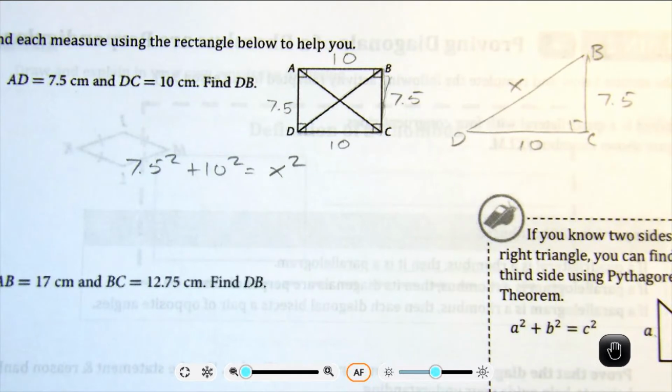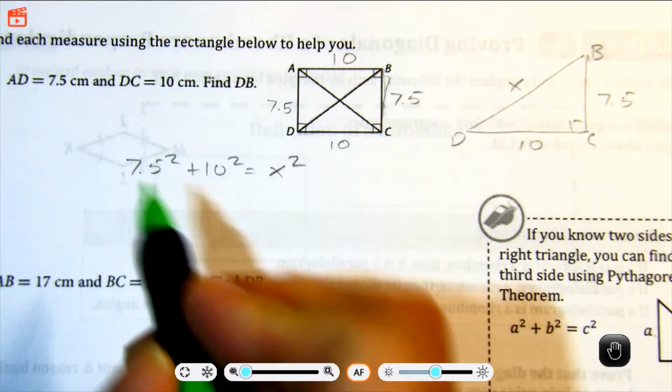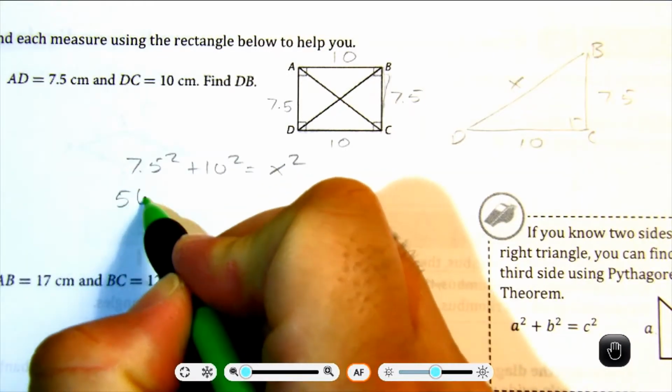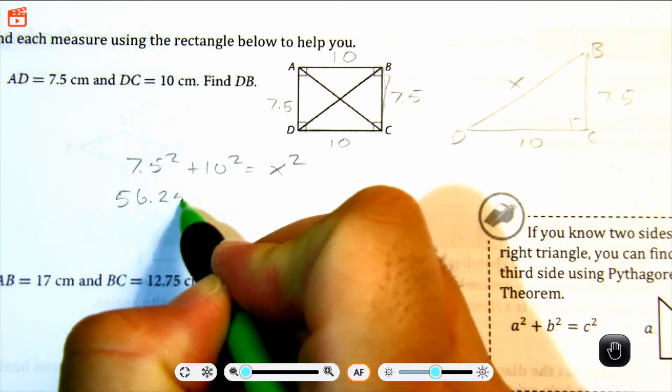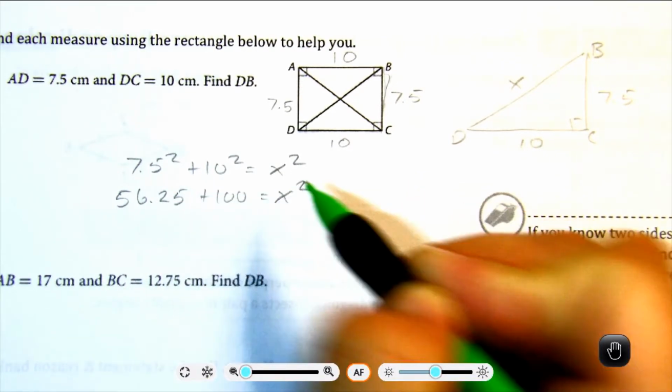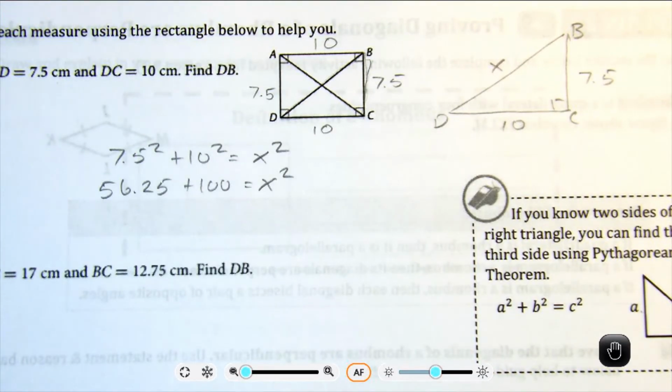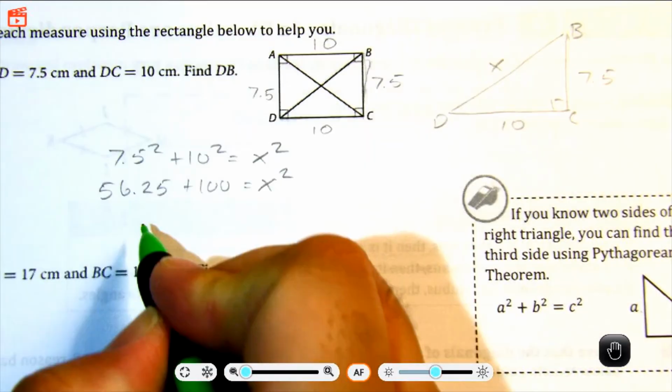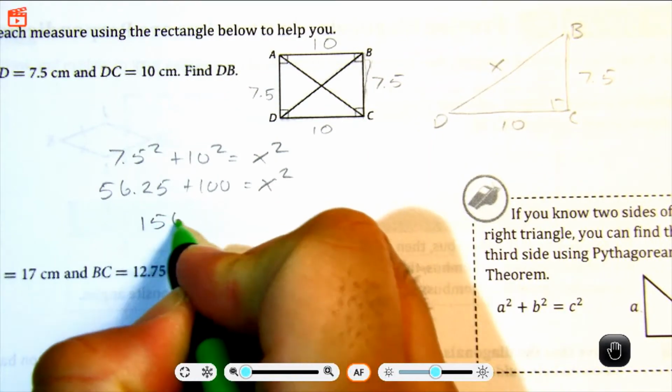So 7.5 squared is 56.25. 10 squared is 100. And 56.25 plus 100 is 156.25 equals x squared.